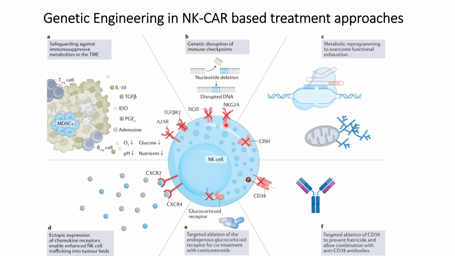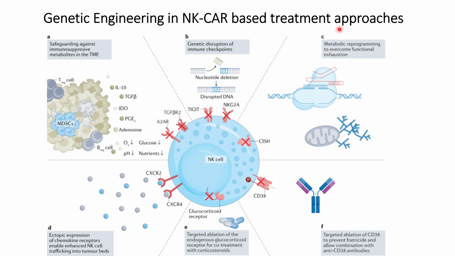So one of the ways to improve efficiency and prevent these suppressions is by inhibiting these receptors. Inhibiting these receptors will prevent the suppression of NK cells through them, and this is the genetic disruption of the immune checkpoint.